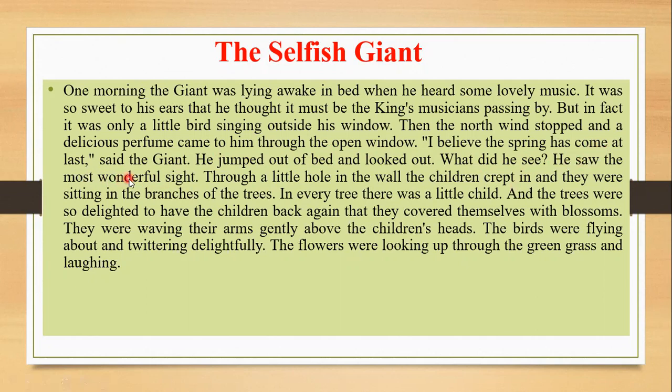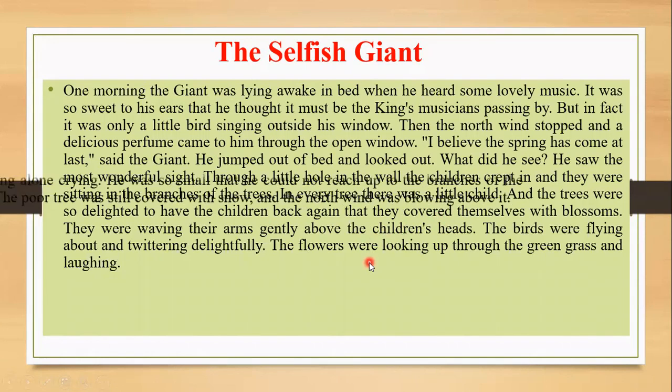At last, said the giant. He jumped out and went to the window, and he could see through the window that his garden was also covered with snow because he was so cruel.